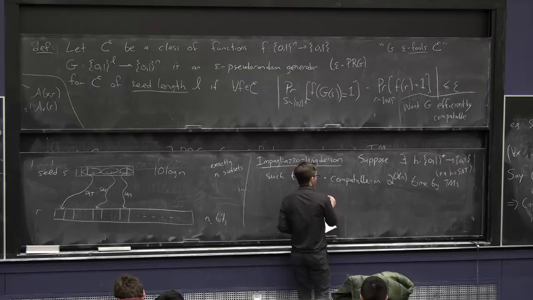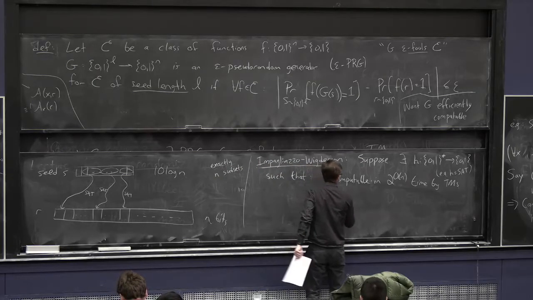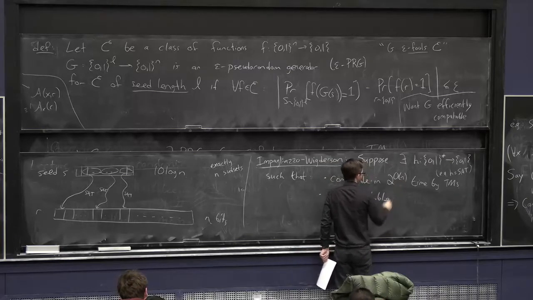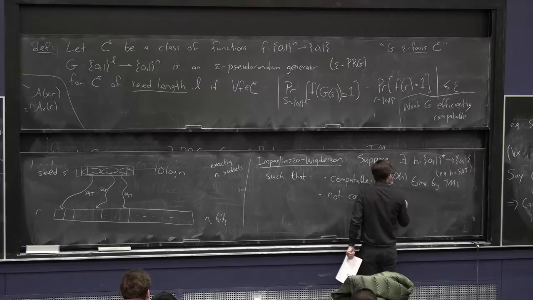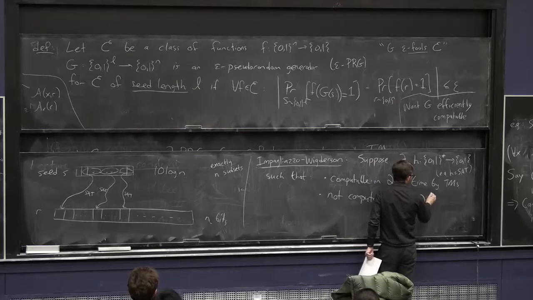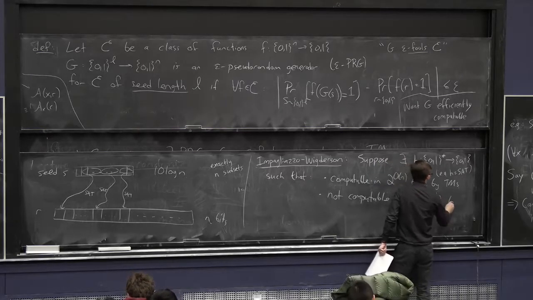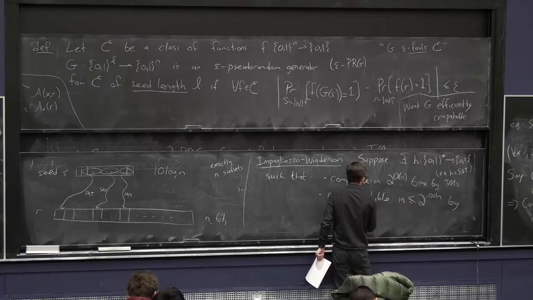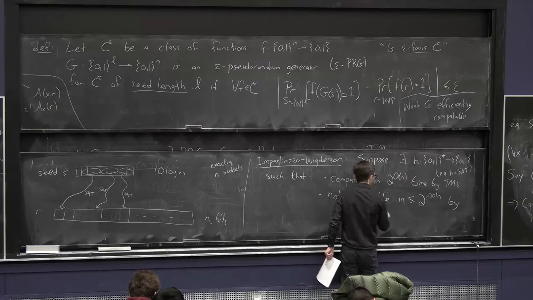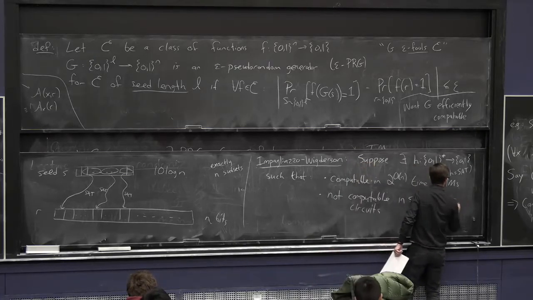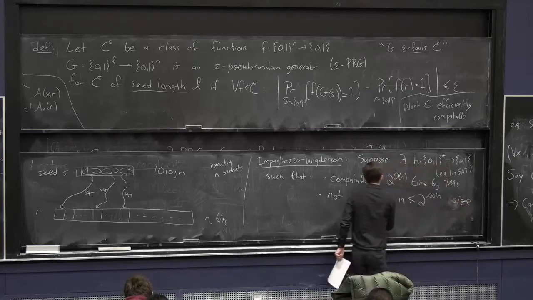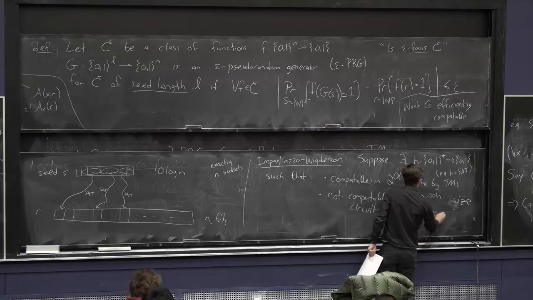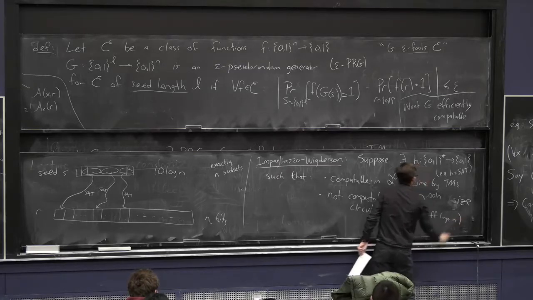And the right thing here is to say that it's not computable in much less than 2 to the order n time. And for technical reasons, you need it to not even be computable in this kind of sub-exponential size by circuits. This is for all sufficiently large n.